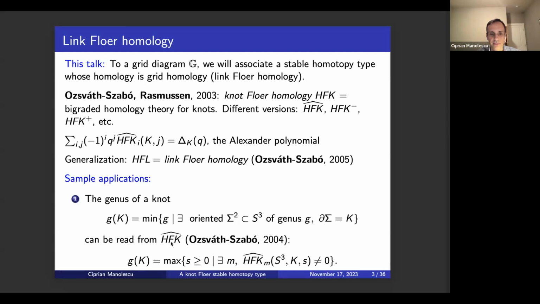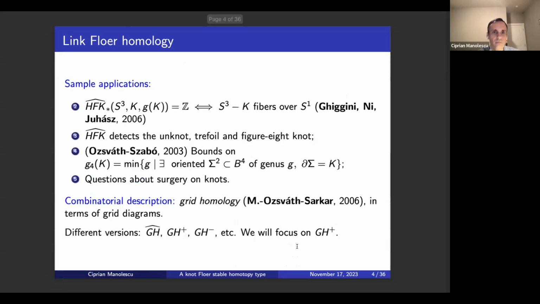If you know knot Floer homology, the genus is the maximal s such that HFK of K is nonzero in the second degree being s. More applications: it also detects if the complement of the knot fibers over S^1, by telling whether in the highest degree, which is the genus of the knot, the homology is Z or not.